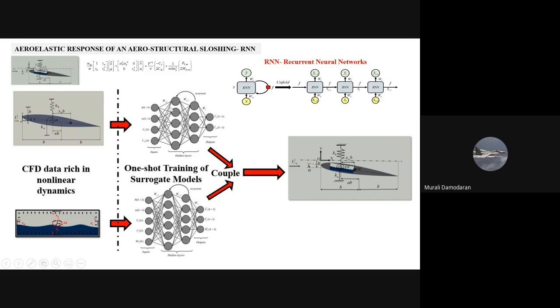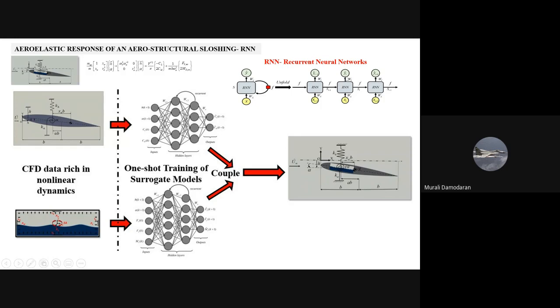Okay, so for this network, we use the recurrent one. Here, you see the outputs of the network are the CL and CM. Inputs are the pitch and plunge, and then you also need to feed back as input to the RNN old values of CL and CM. So that is why the limited memory comes in.